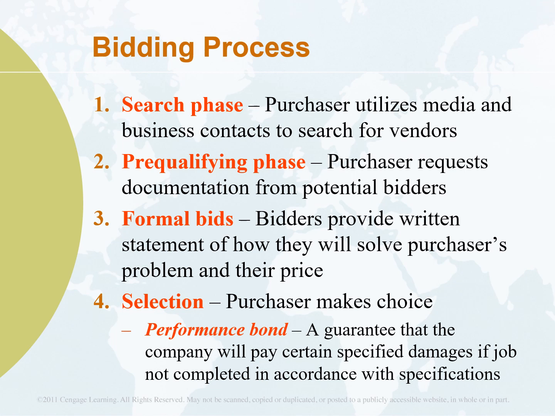The purchaser makes the choice based on oftentimes the price in the bid. Sometimes you may have to ask for a performance bond. That's a guarantee that the company will pay certain specified damages if the job is not completed in accordance with specifications. Performance bond.